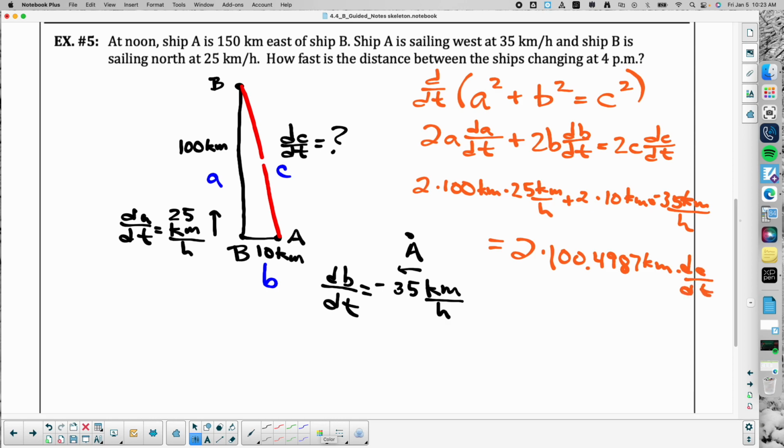I'm sure by now somebody else went through and finished that. And that would be kilometers per hour. No, it's how fast is it changing?